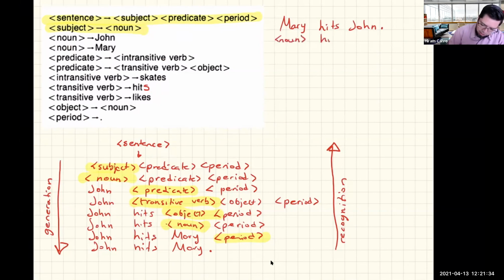And we can do each one separately. Now, we know that this is a noun, and now hits is a transitive verb. And we know that John is a noun.